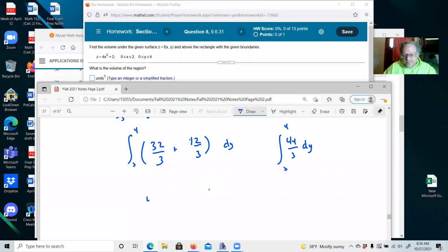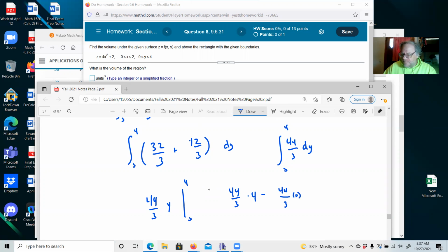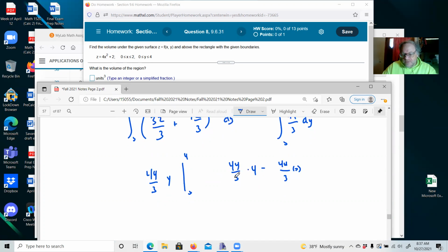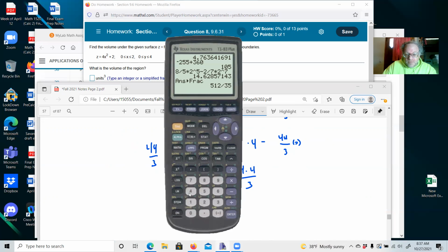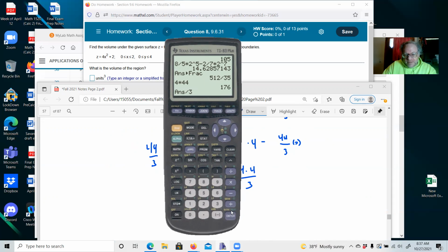It's 44 over 3 y. dy turns into a y. When we integrate from 0 to 4, plug in 4 minus 0. You don't have to write this part. So we just get 44 times 4 over 3, and we're just going to write that down. 4 times 44 divided by 3.